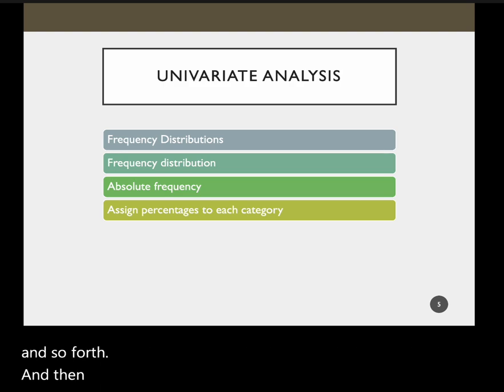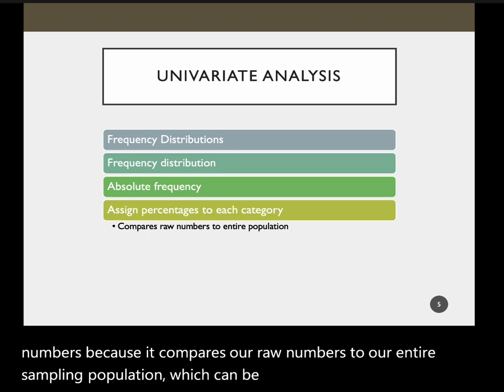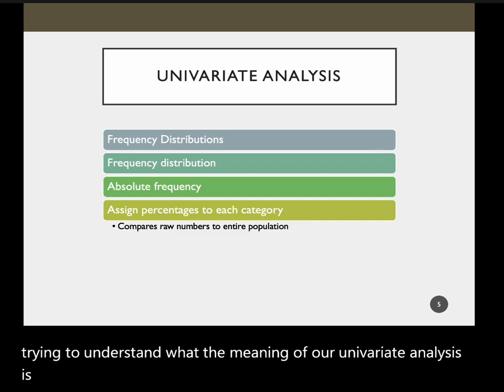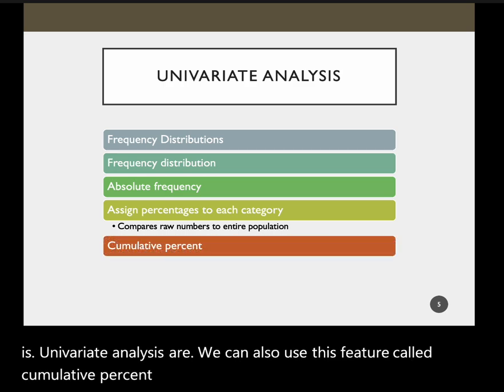And those percentages are capable of zooming out from our raw numbers because it compares our raw numbers to our entire sampling population, which can be better for our readers in trying to understand what the meaning of our univariate analyses are.